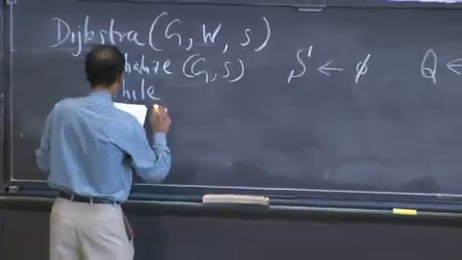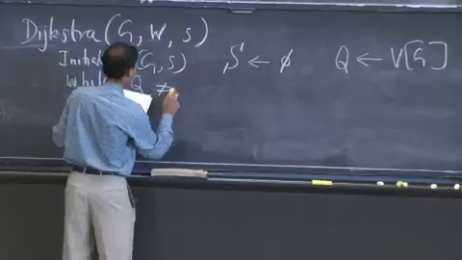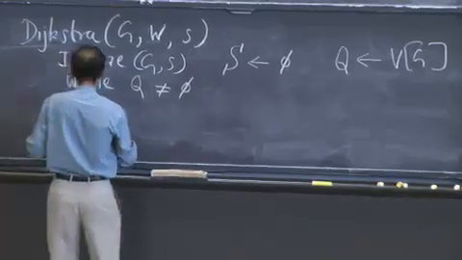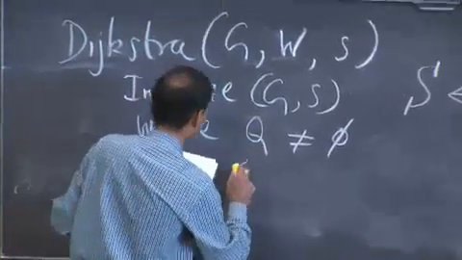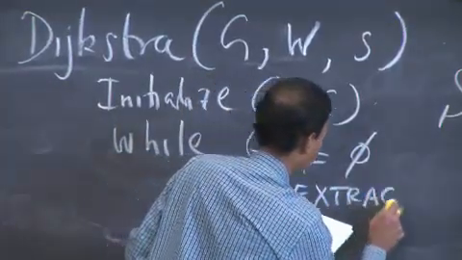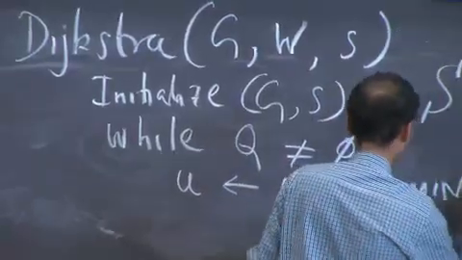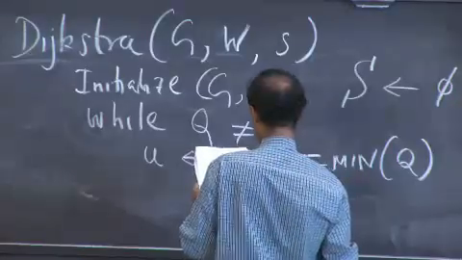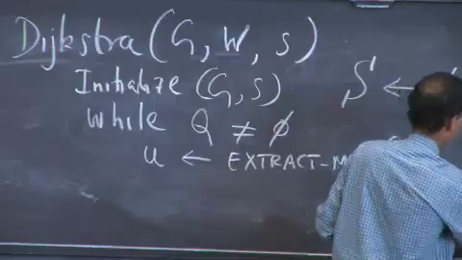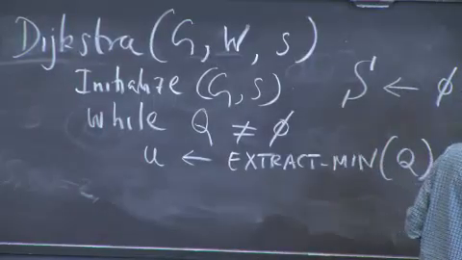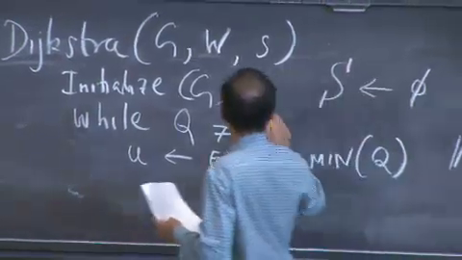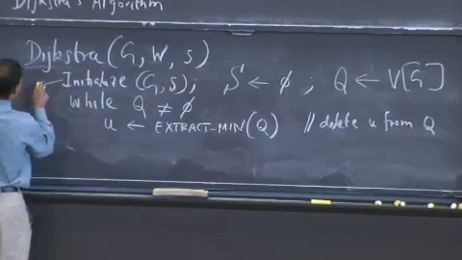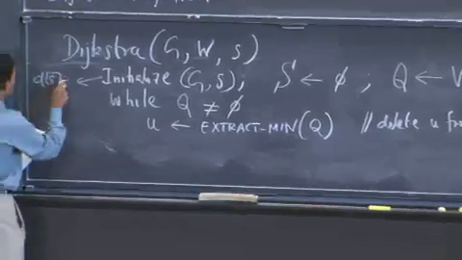And so Dijkstra is a little while loop that says while there are vertices that need to be processed, then I'm going to take U and I'm going to extract min from Q. And this is going to delete U from Q. And this initialization of, and this is a small s here, is going to set d of s to be 0.